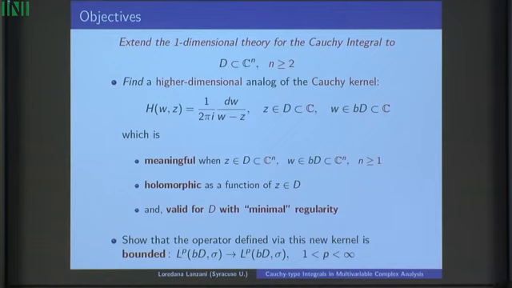And our goal is to find a 2 or more variables analog of the Cauchy kernel. I'm sorry, the domain there is in Cn now, and the boundary is in Cn. And this has to be meaningful when the point is in the interior of the domain, and holomorphic as a function of Z.